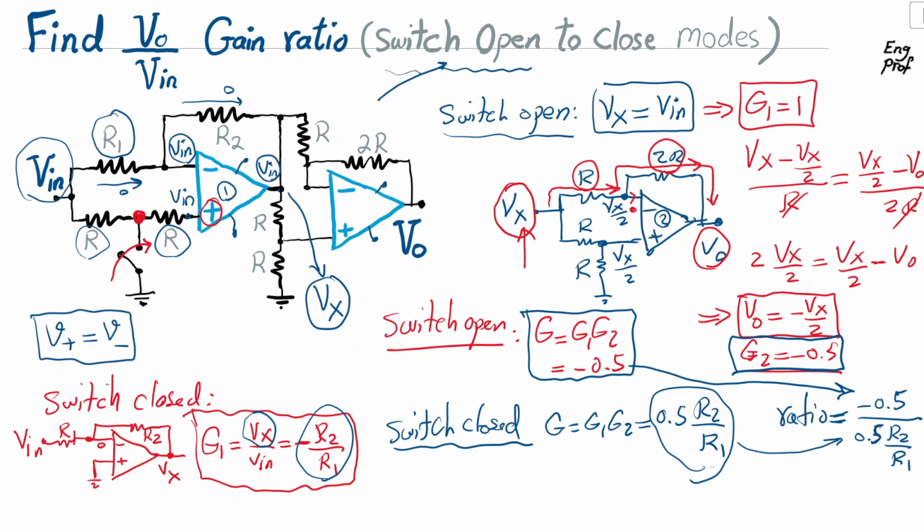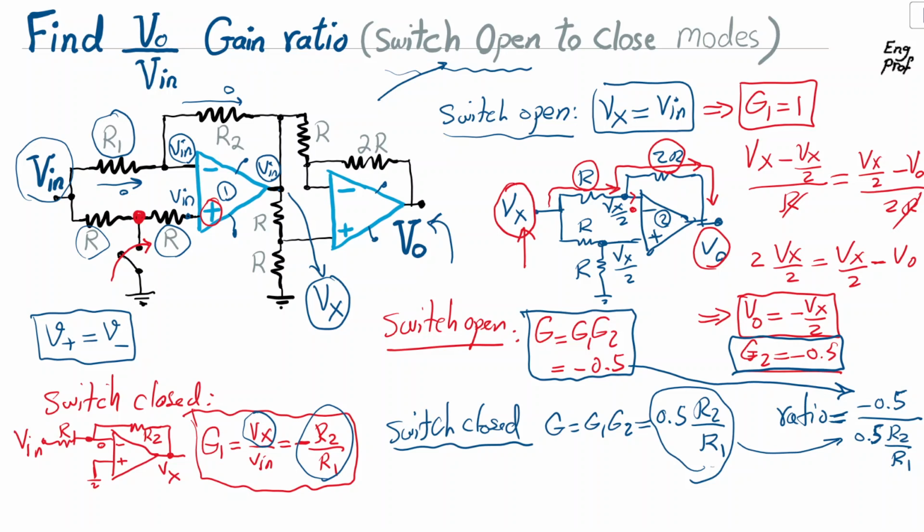Effectively, since we are interested in the voltage gain ratio between the two modes, the second op amp is not an important factor for us. The only reason I also presented the gain of the second op amp is as an exercise. Otherwise, if you just want to find the voltage gain ratio between these two modes, you don't need to deal with the second op amp.